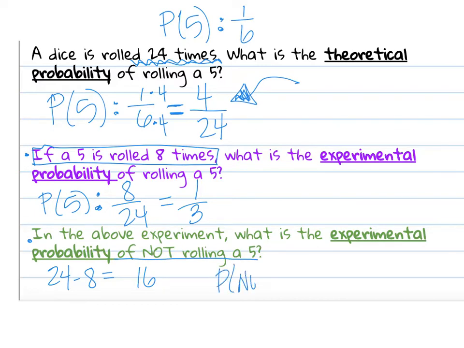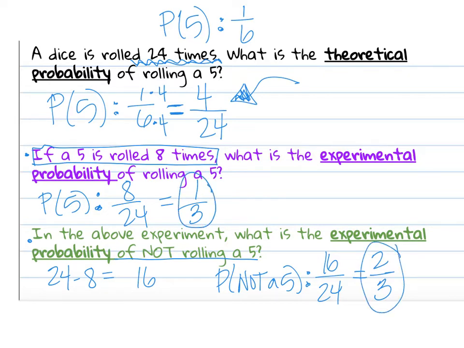So then the probability of not a 5 in this experiment would be 16/24, and we can divide the top and the bottom, numerator and denominator, by 8. So 16 divided by 8 is 2. 24 divided by 8 is 3. So 2/3 of the time I did not get a 5. 1/3 of the time I did get a 5.